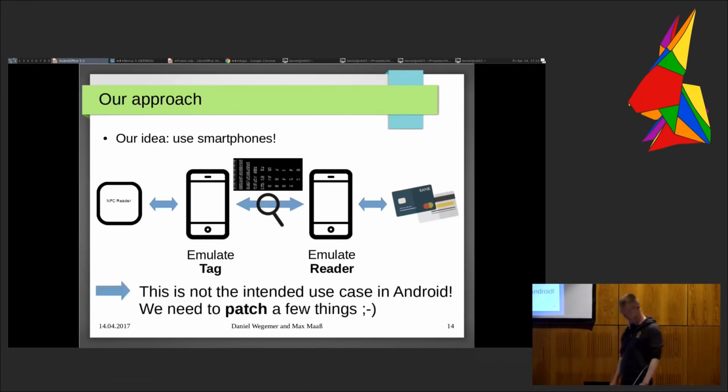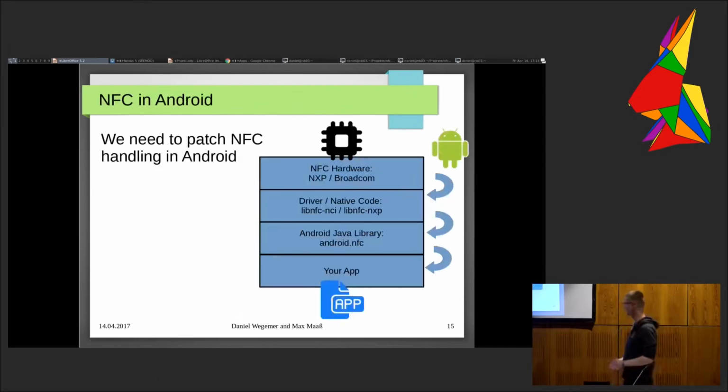But this is not really the way Android intends to use hardware NFC for you. So we need to patch a few things. So what does NFC look like in Android? From the top to the bottom, on the top you have your NFC hardware, which is from NXP or Broadcom in most of the cases. Directly under this is your NFC driver, which also depends on the hardware you have.